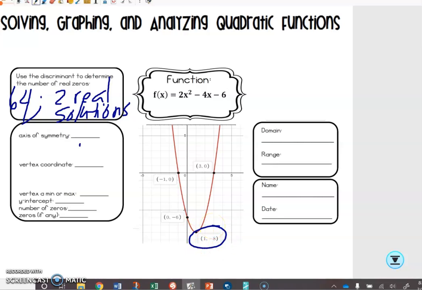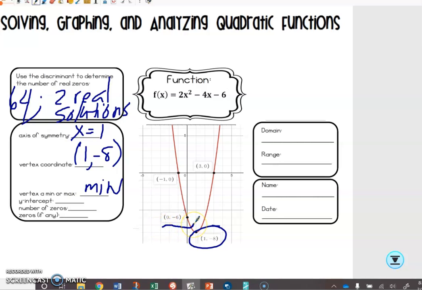So there's the point for the vertex. So 1, negative 8. Again, that one is a minimum. And so our axis of symmetry is at x equals 1, because remember, it's always that x coordinate. Our y-intercept happens at negative 6.